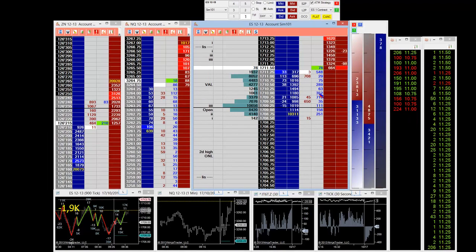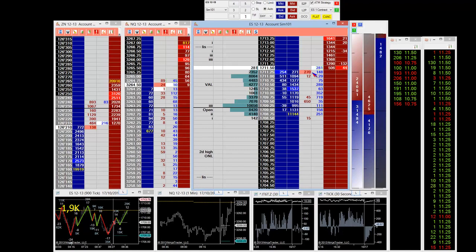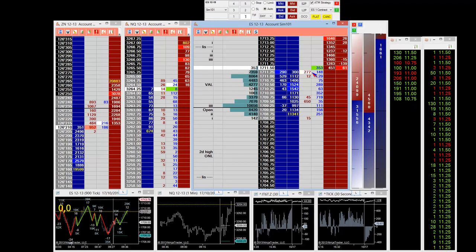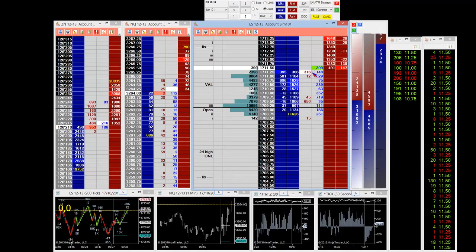If we look almost in the center, we've got a red number on the left and a blue number on the right, and that is actually the market orders. The red numbers are the market sell orders at each price level, and the blue numbers are the market buy orders at each level.